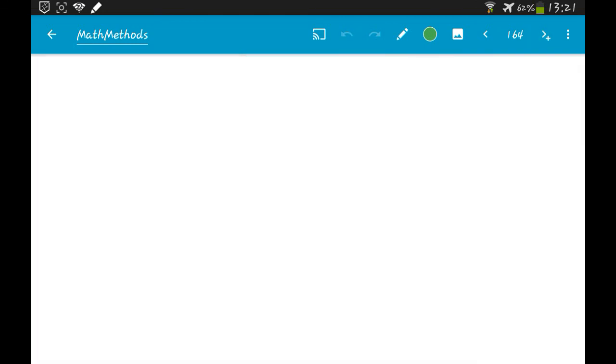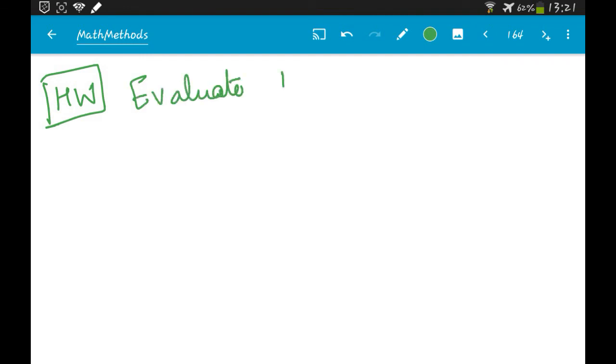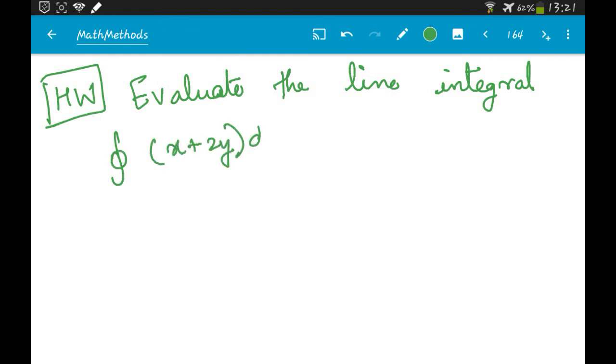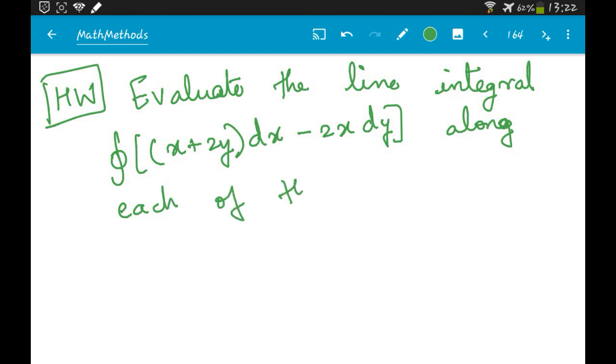So I'll give you a problem. Evaluate the line integral of x plus 2y into dx minus 2x dy. Right, evaluate this line integral along each of the following closed paths.